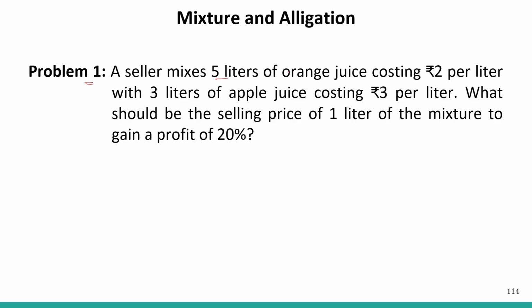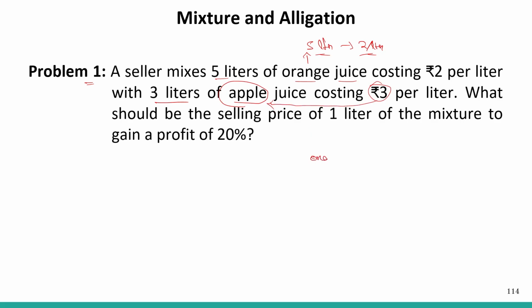A seller mixes 5 liters of orange juice, costing 2 per liter, with 3 liters of apple juice, costing 3 per liter.